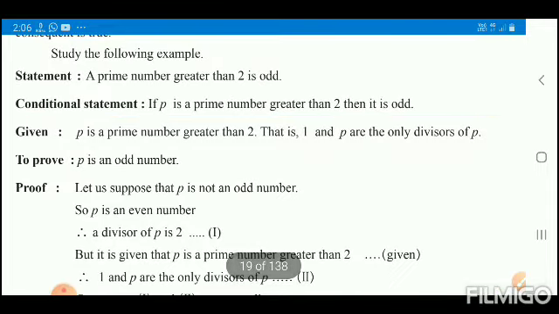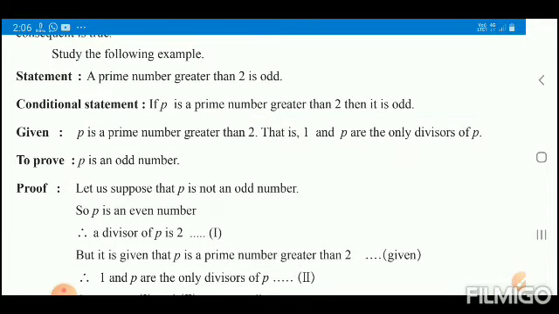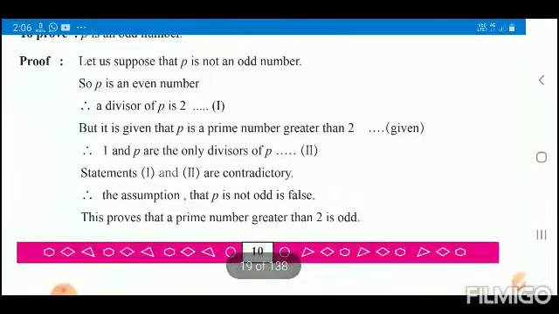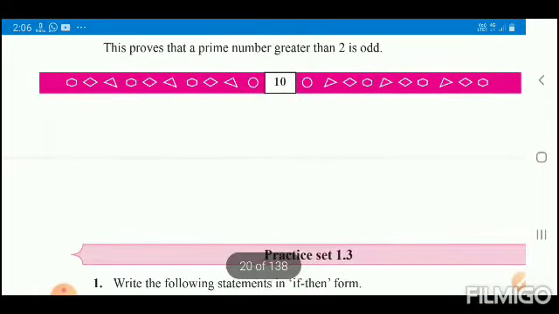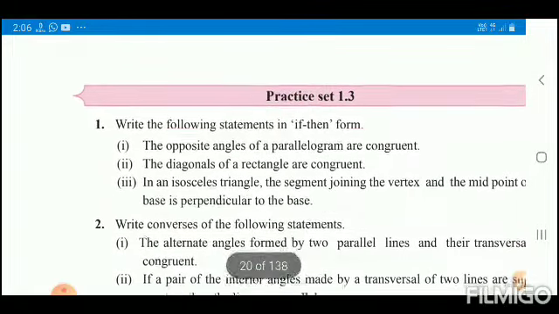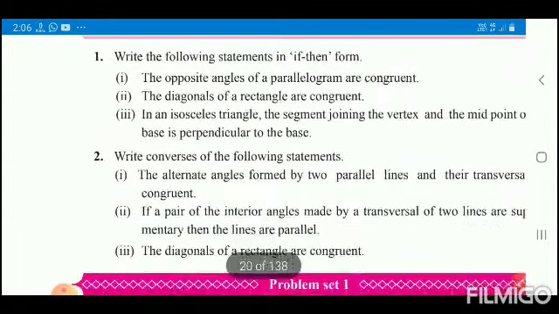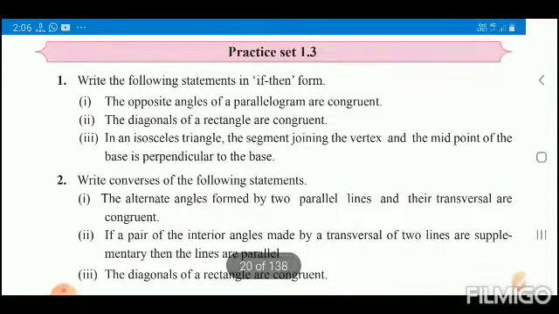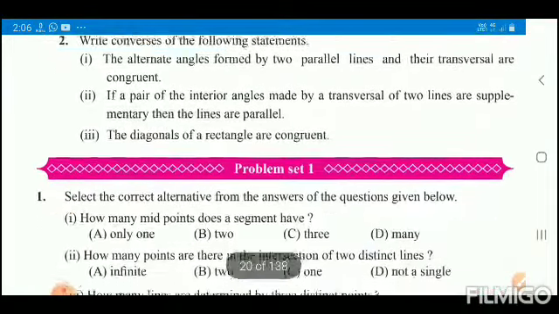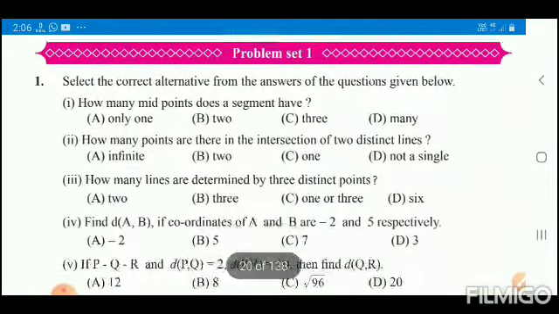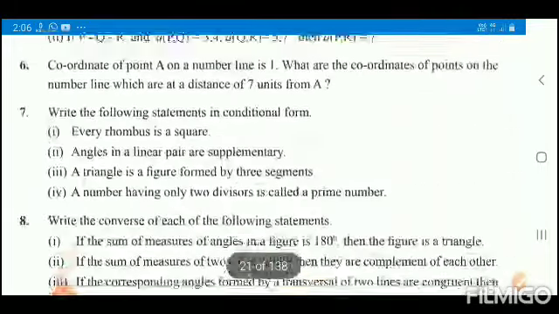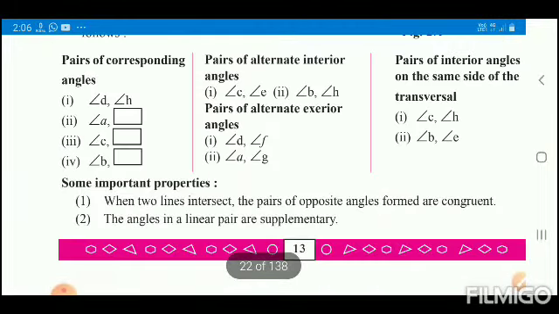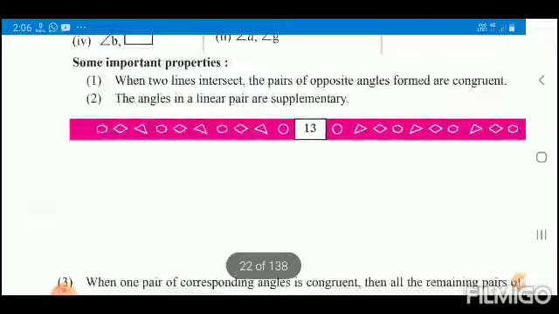Maybe you have understood all these things that I explained now. Again, what you have to do? Write down all the things in your notebook and solve the practice set based on this explanation, as well as solve problem set 1 based on this whole information.